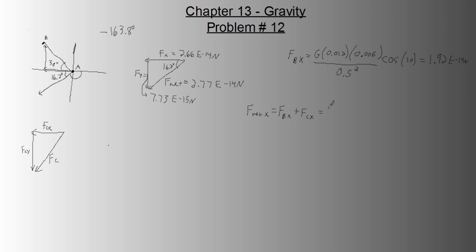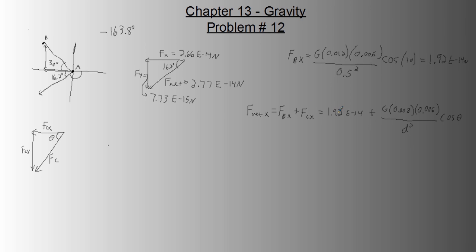So that's going to equal 1.92 e to the negative 14, just calculated that here, plus, and this is going to be C has a mass of 0.008 kilograms, A is the same as before, 0.006, over some distance, d squared, that we don't know, and this component, we're going to call this theta, some unknown angle, and the x component is cosine of that, so cosine theta.